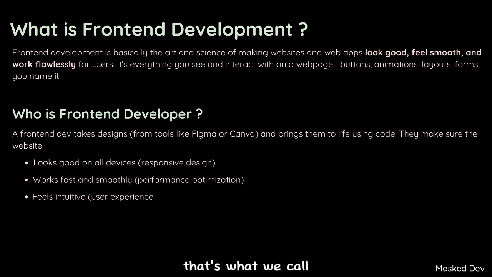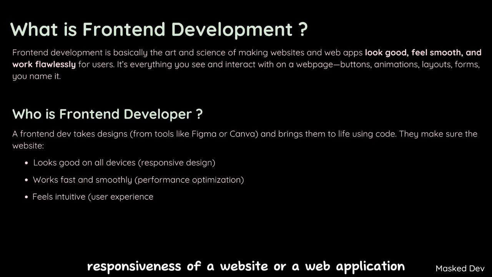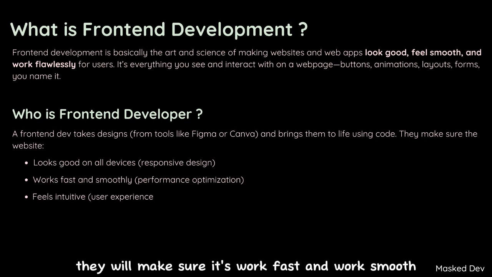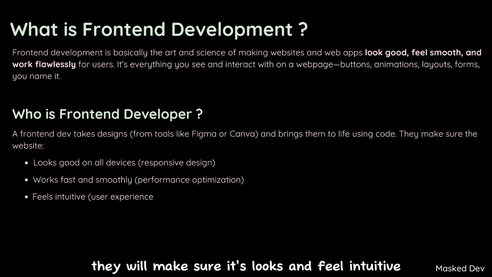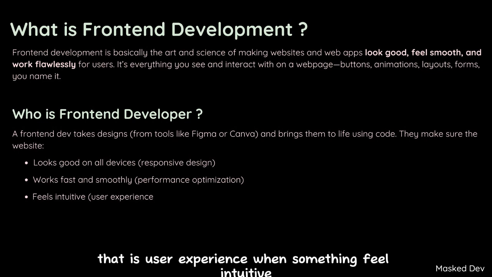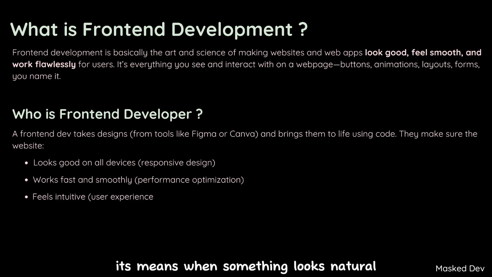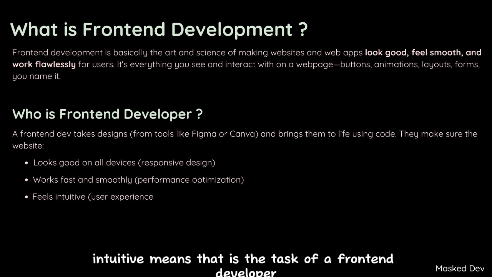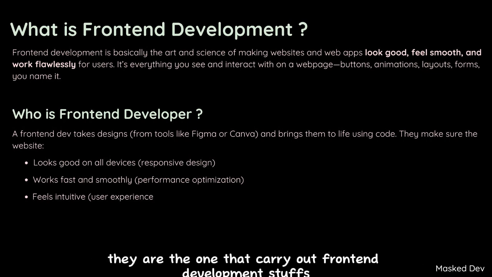That is what we call the responsiveness of a website or web application. They will make sure it works fast and smooth. They will make sure it looks and feels intuitive. That is user experience. When something is intuitive, it means it looks natural and really good. That is the task of a front-end developer, and they are the ones that carry out front-end development.